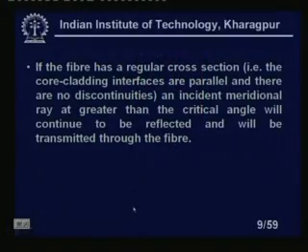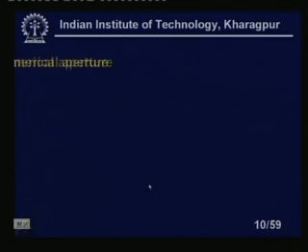It is a solid cone, right. It is not two dimensions, theta is basically a solid cone. If the fiber has a regular cross section, that is, the core cladding interfaces are parallel, there are no discontinuities, and an incident meridional ray at greater than the critical angle will continue to be reflected and will be transmitted through the fiber. That is very good.